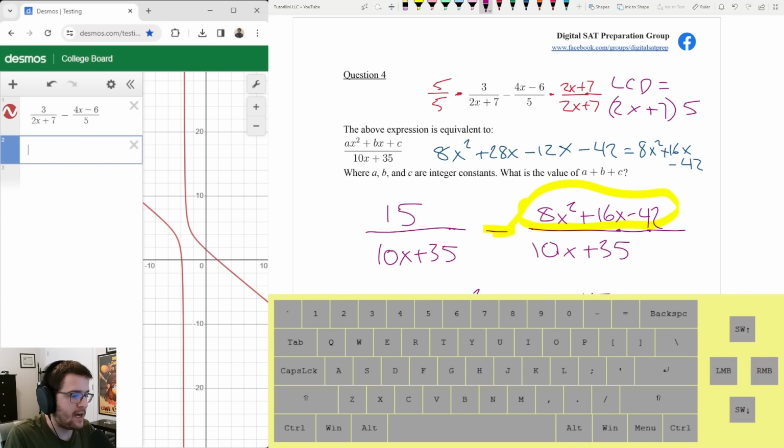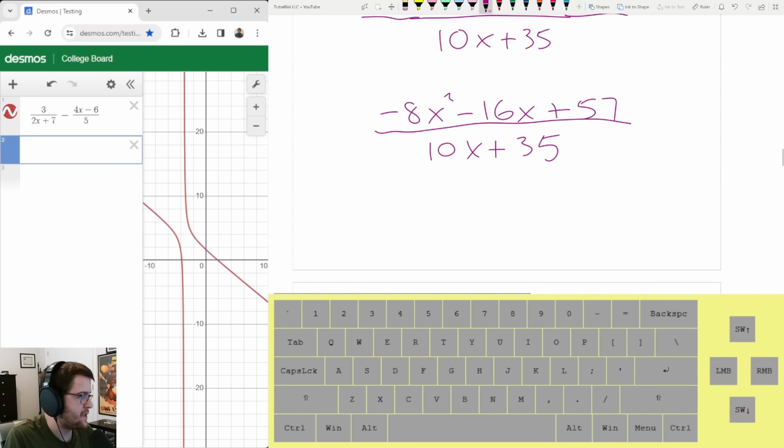Now I'm going to type in what I came up with and see if it is identical. So fraction sign, negative 8x squared minus 16x plus 57.